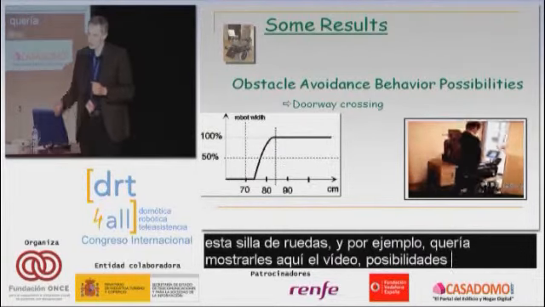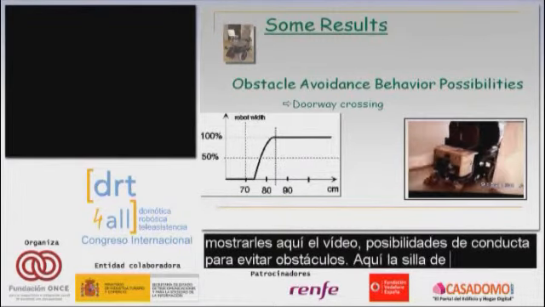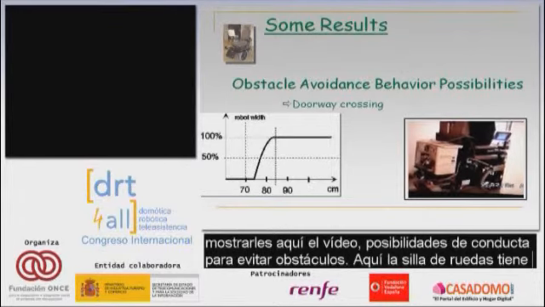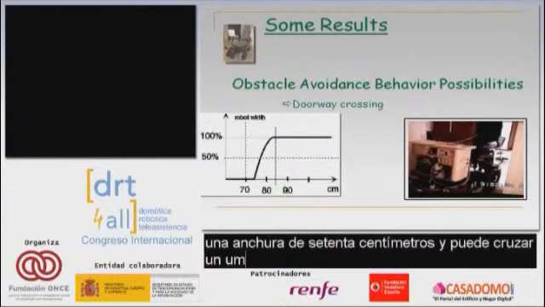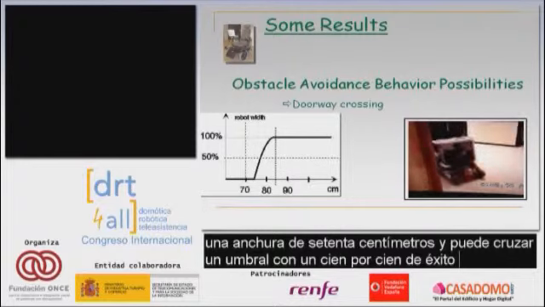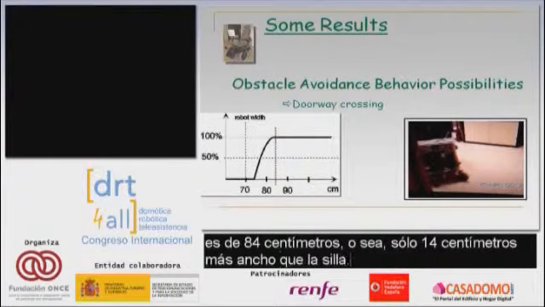The wheelchair here is 70 centimeters wide, and it is able to cross a doorway with 100% success if the doorway is 84 centimeters, only 14 centimeters wider than the wheelchair. What is important here is that the user has only an on-off sensor, not a joystick, only an on-off sensor.